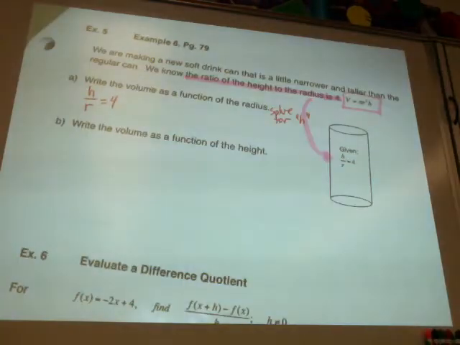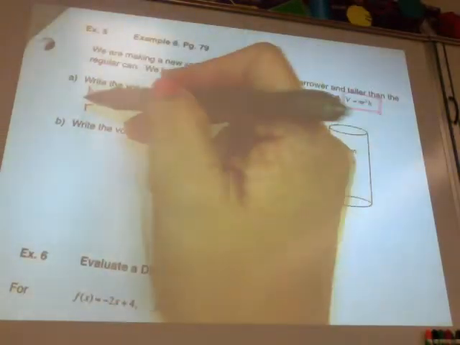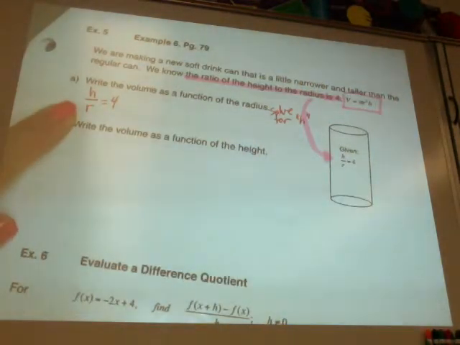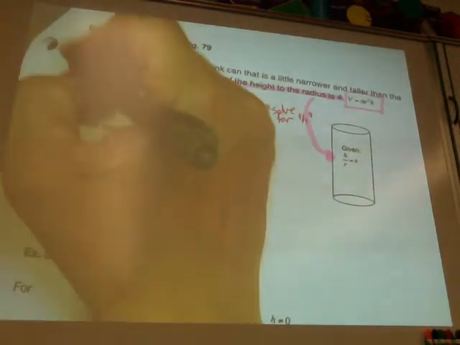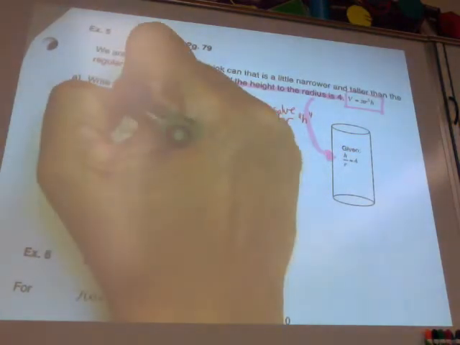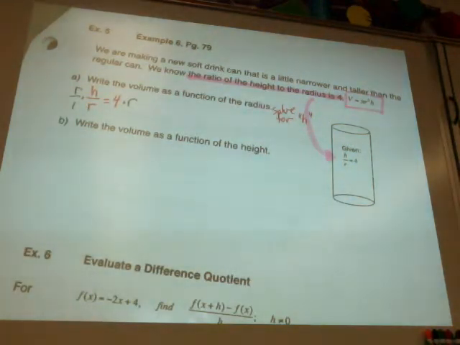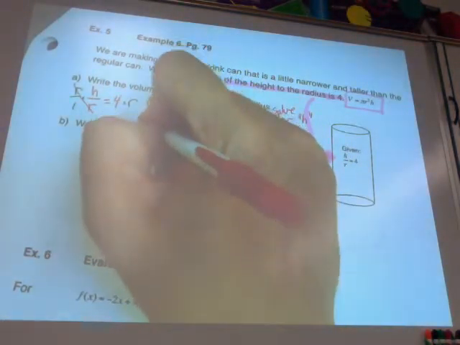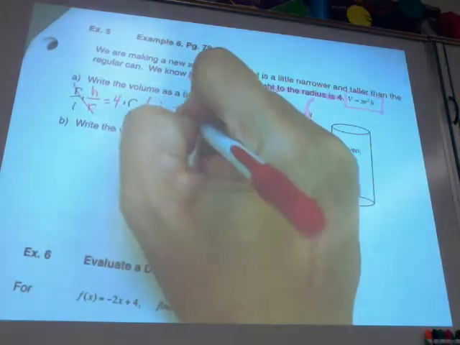I want to get H equals on one side, because then I can take what H equals and replace it back into the volume formula with that amount. So how do I solve for H if it's being divided by R? Multiply both sides by R. And so I end up with H equaling 4R, correct?